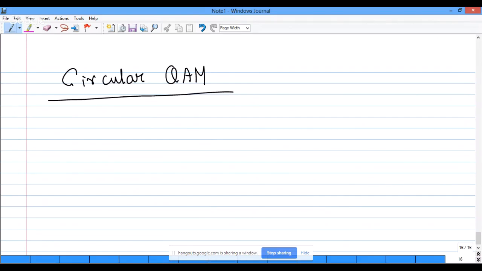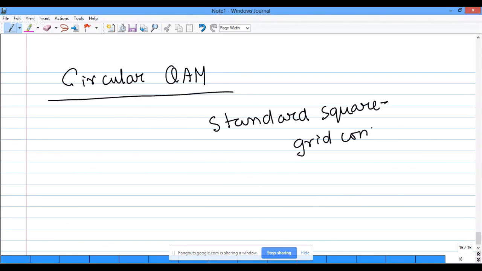So we cannot have standard square grid constellations when the number of bits that you are encoding into a symbol is odd.